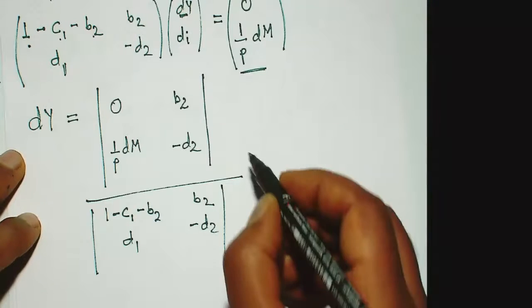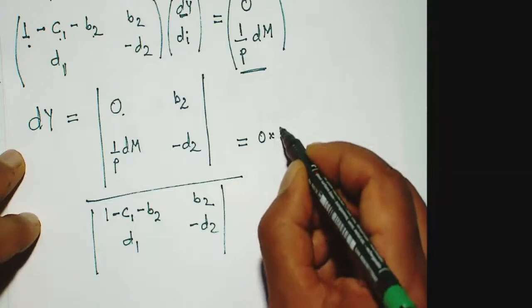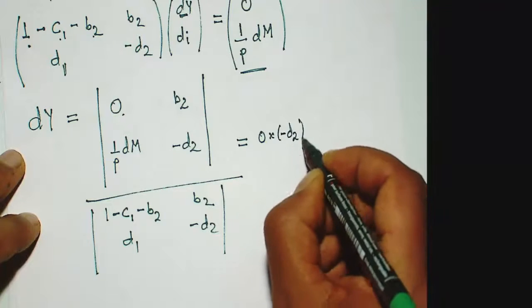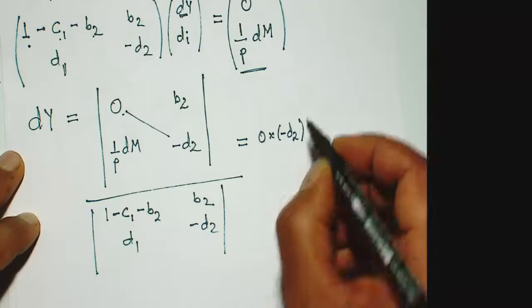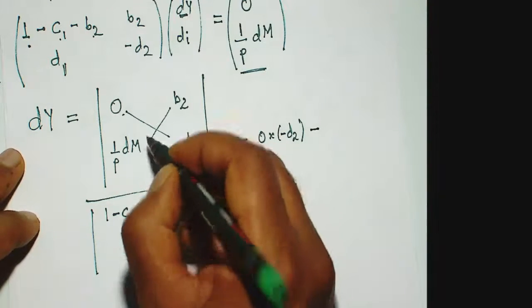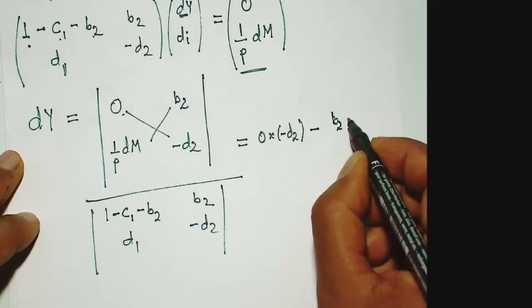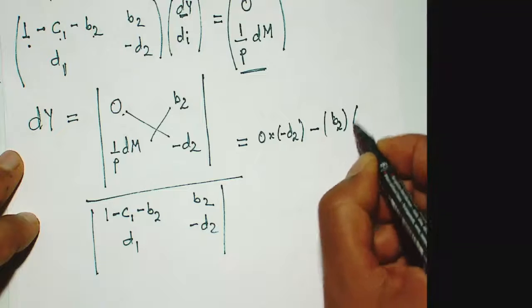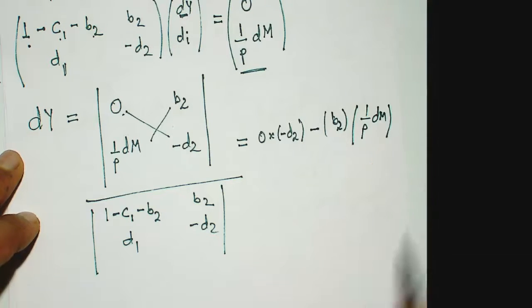We have already seen how to solve the determinant, so I would multiply 0 with minus D2 first. I would take the diagonal here. I would put a minus sign here, and I would also take another diagonal, which would give me B2 multiplied by 1 over P dm.